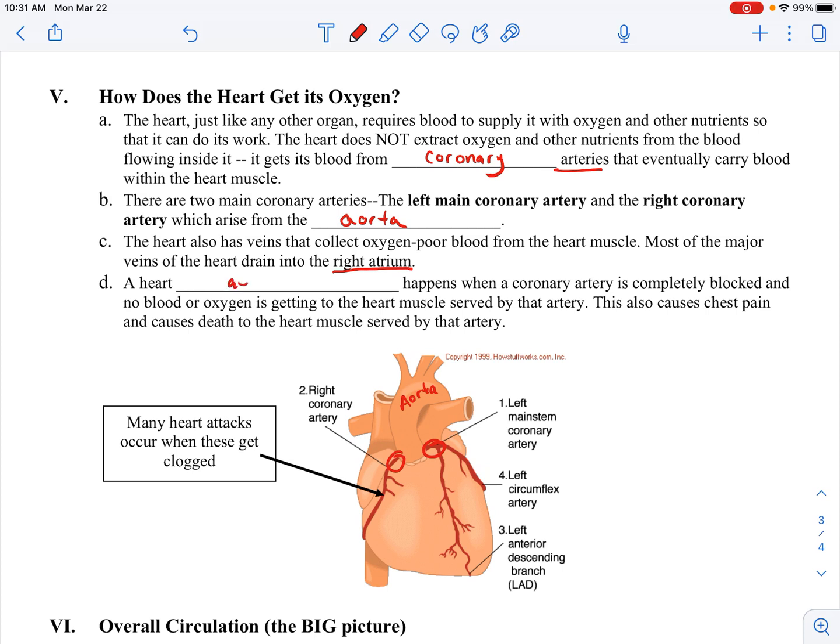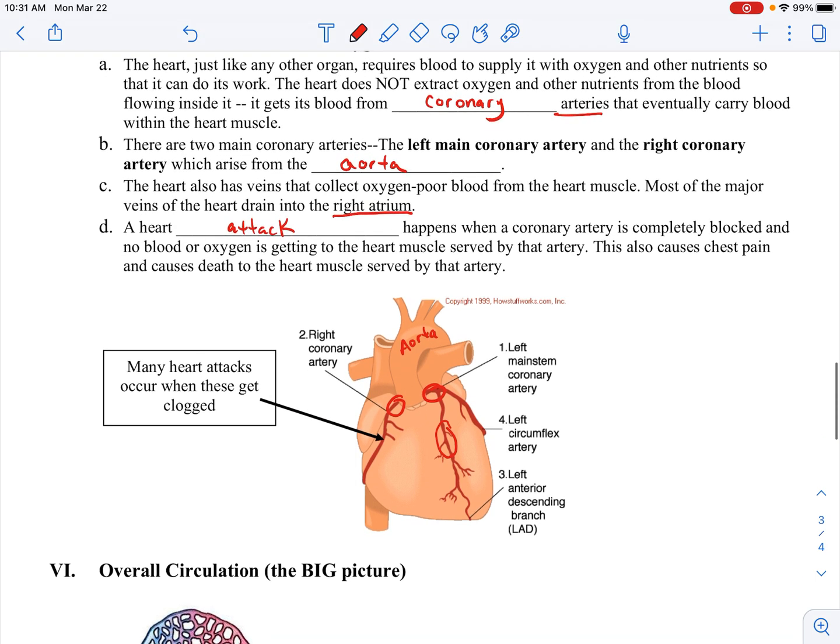A heart attack, which I'm sure many of you have heard of, happens when a coronary artery has a blockage and you are getting blood that is not feeding the heart tissue itself. Heart attacks can cause chest pain and possibly even death to the heart muscle tissue.